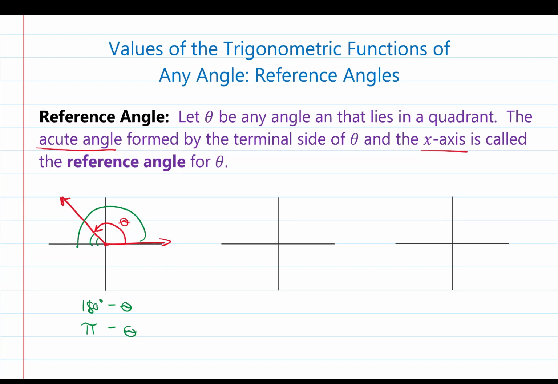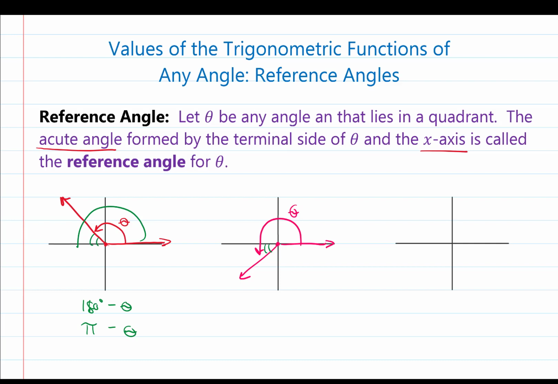Now the second example is, what if the terminal side lies in quadrant number 3? That means this is the angle theta, and the reference angle is going to be this angle right here. One more time, it has to be the negative x-axis, because if you try to form it with the terminal side and the positive x-axis, you're always going to get an angle that's larger than 90 degrees.